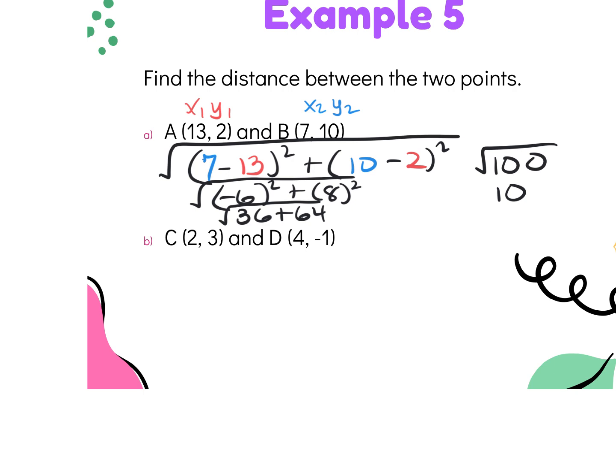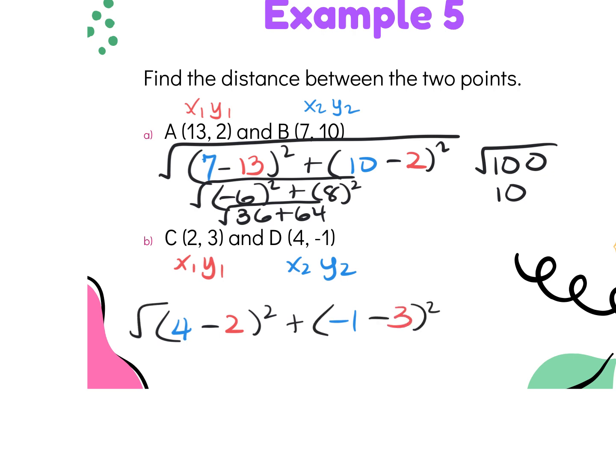So again, I'm going to do the same thing. Ordered pair number 1, x1, y1, x2, y2. I'm going to subtract them. So I'm going to do 4 minus 2, and it's squared. Then I do the y's, negative 1 minus 3 squared, and it's under the radical.